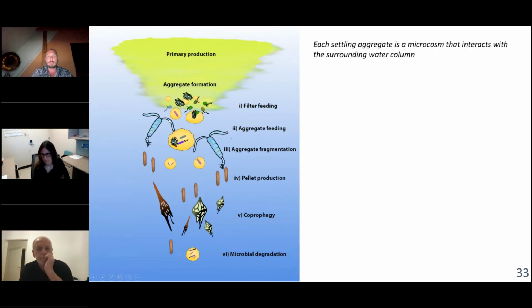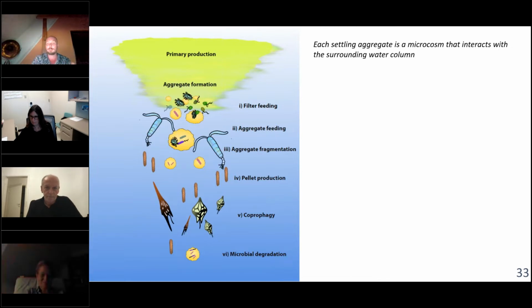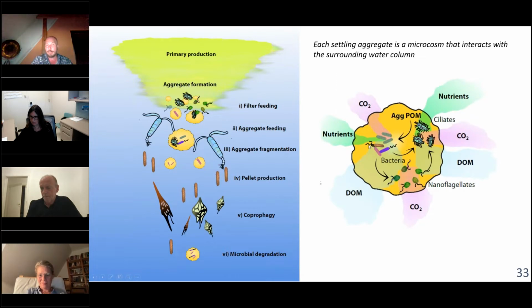But then we also have to consider that an aggregate is not just phytoplankton and bacteria. It's a whole microcosm. So when we are measuring respiration of an aggregate, it's not just bacterial respiration, it's also phytoplankton respiration, ciliates, nanoflagellates, dinoflagellates, etc. So everything is respiring inside this aggregate. The bacteria are producing nutrients and dissolved organic carbon, the nanoflagellates produce CO2 and dissolved organic carbon as well.